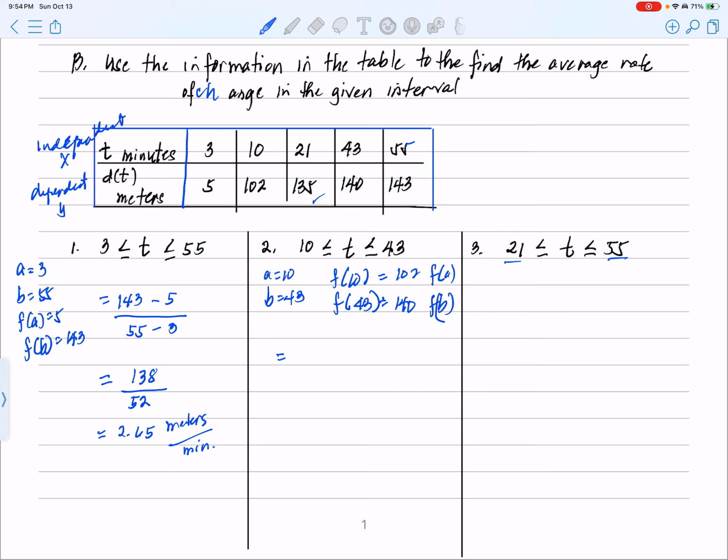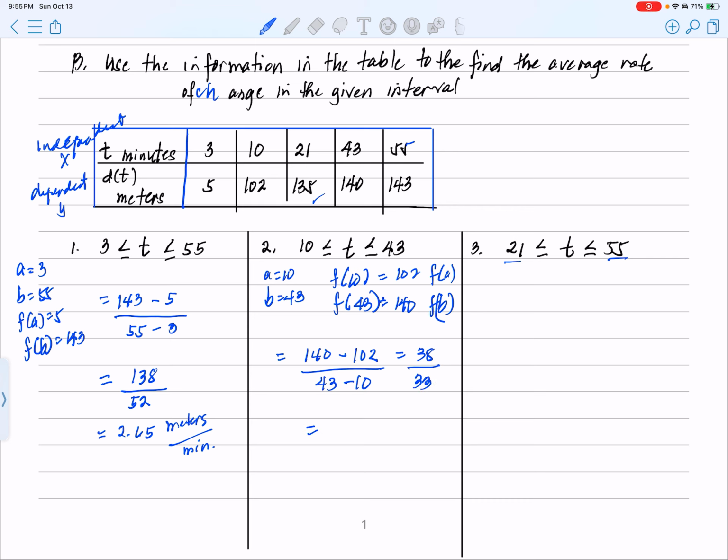Okay, substituting. So you have 140, f of B, minus f of A, which is 102, over B, 43, minus 10. So 140 minus 102, you have 38. Then 43 minus 10, you have 33.